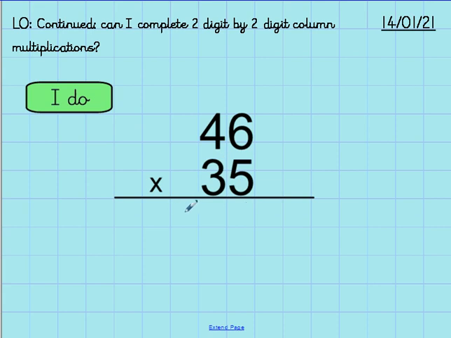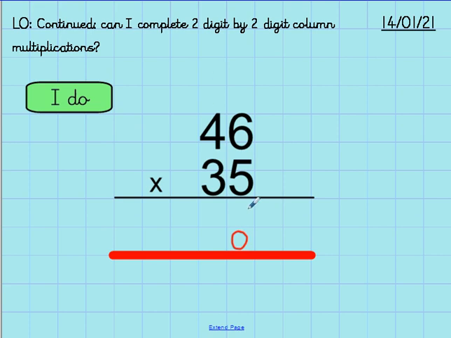So I know that I'm going to need one space for my answer to 5 times and one space for my answer to 3 times. So I know straight away I can leave 2 lines in there. I also know straight away that I can put a placeholder in here, and that placeholder is really important. That means that I can just do 3 times the numbers instead of 30 times the numbers.